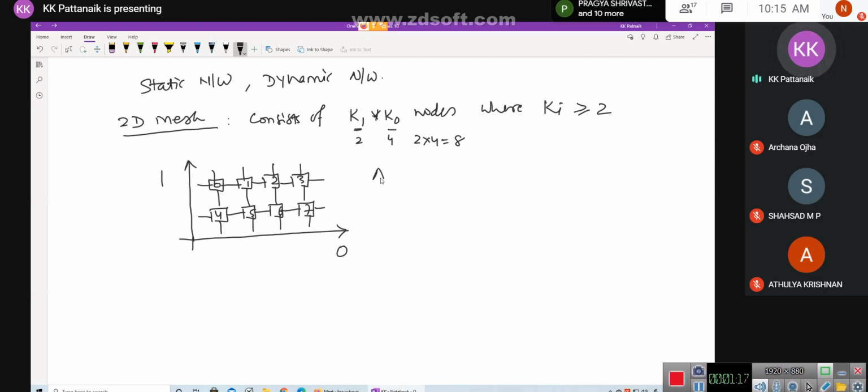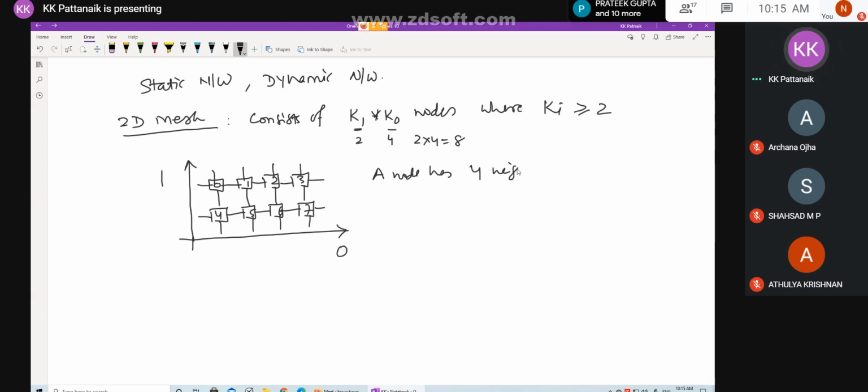So a node has 4 neighbors, and an edge node has 2 or 3 neighbors, right?